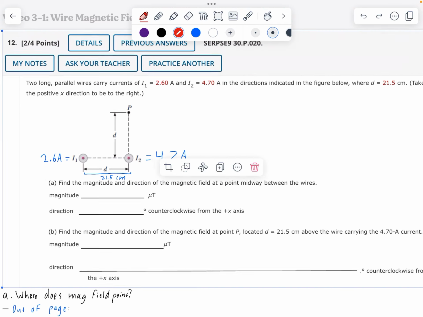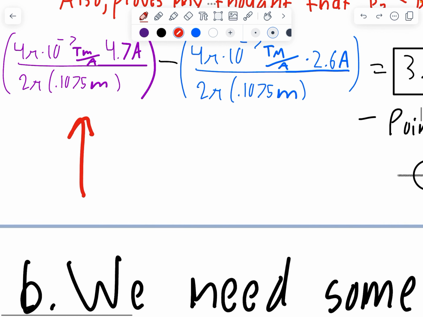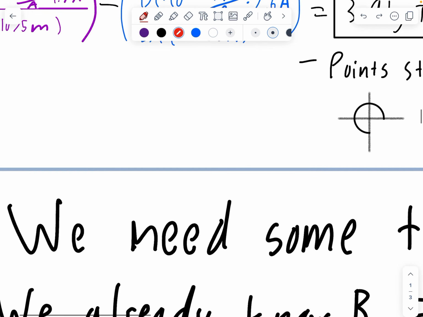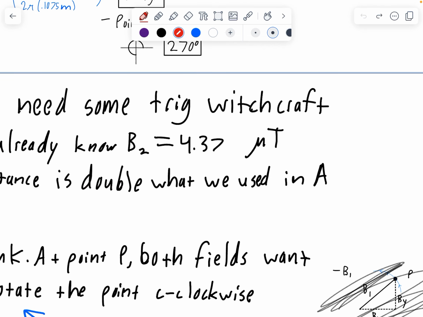We just plug in all these numbers again, except we multiply by 2 to compensate for that d over 2. So again, I did all that, and that is how I reached 4.37 nanotesla. Again, distance doubled, you get it.